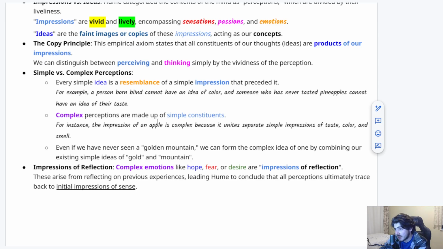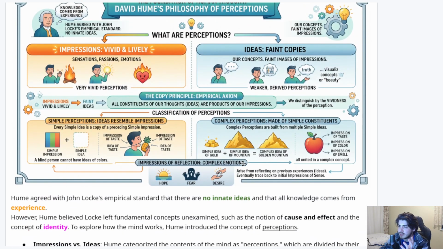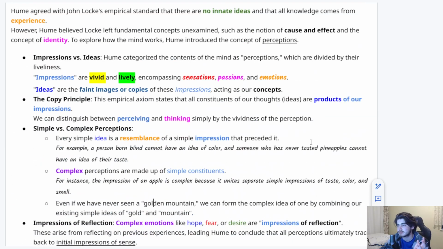For instance, the impression of an apple is complex because it unites separate, simple impressions of taste, color, and smell. You can smell the apple, you can look at the apple, and you can taste the apple. But even if we have never seen a golden mountain, we can form the complex idea of one by combining our existing ideas into what we believe would look like a golden mountain.